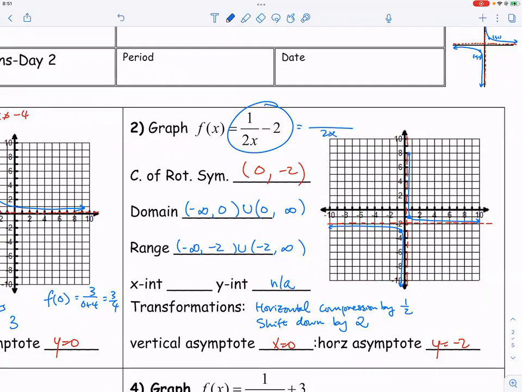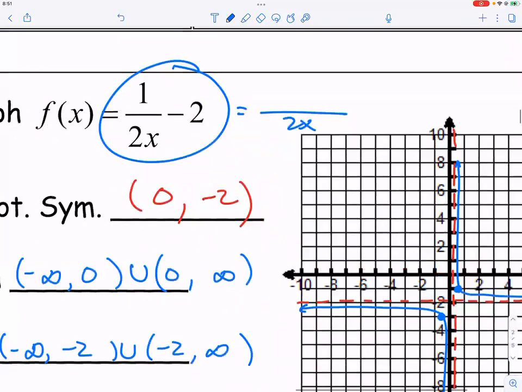So if the common denominator would be 2x, what would the numerator look like? You would have to do 2x times 2x over 2x. So you have 1 minus 4x, right?